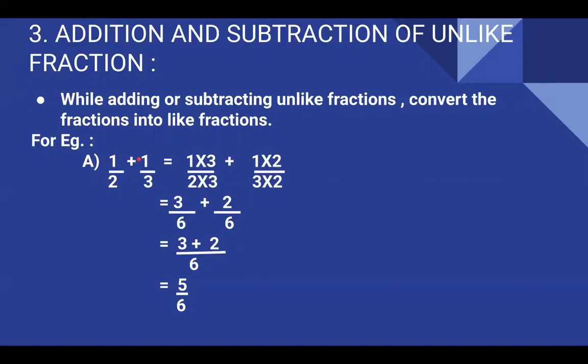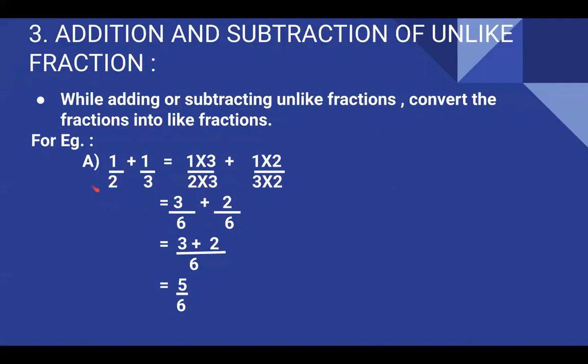So for that, you have to do the cross multiplication. When you do the cross multiplication, you will get the same denominator. And once you get the same denominator, you can apply the previous rule to get the answer. Or you can say the least common multiple of 2 and 3 is 6.